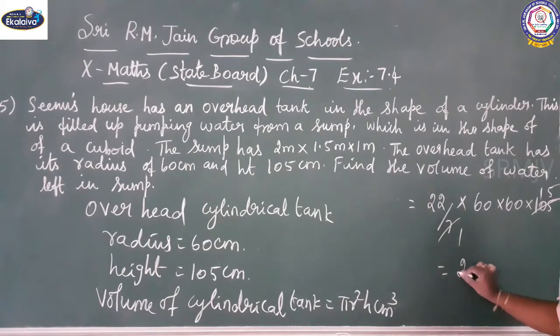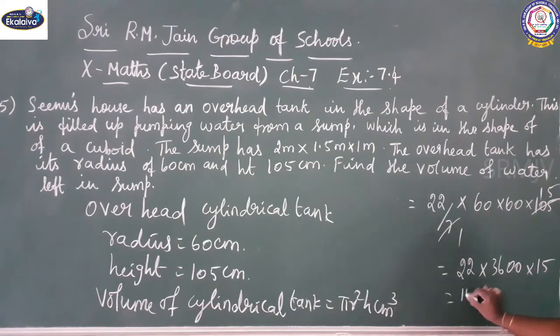So 22 into 3600 into 15. You multiply and check the values. See here, 11 lakhs 88,000 centimeter cube.